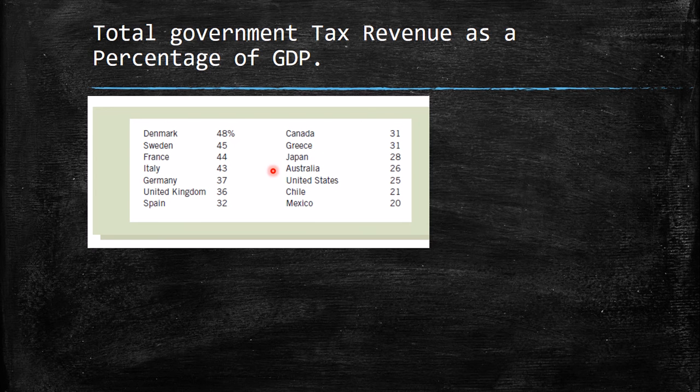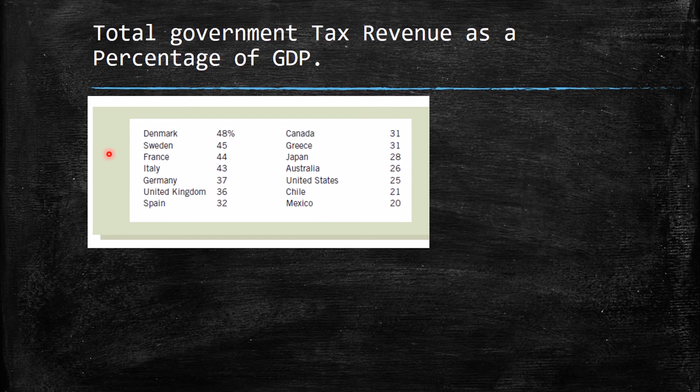At least in this table, to tell you the truth, I don't know if they are the countries with the highest burden on the people, but in our table they are Denmark and Sweden, with more than 45%. They are really developed countries with high standards of quality of life.